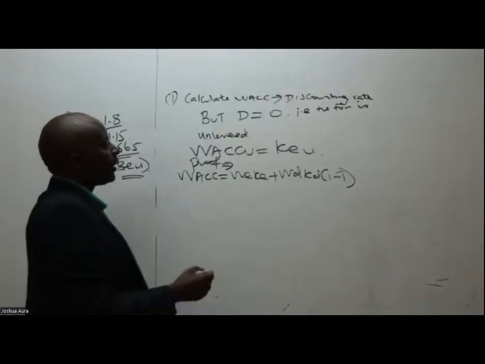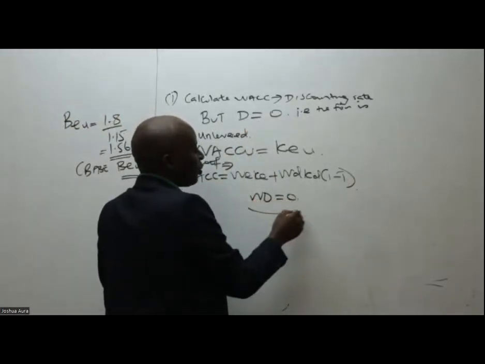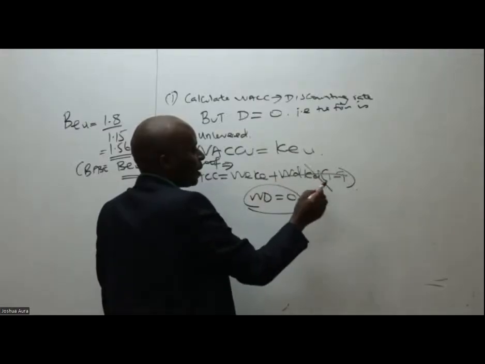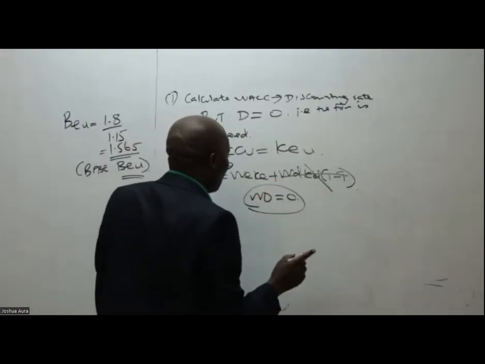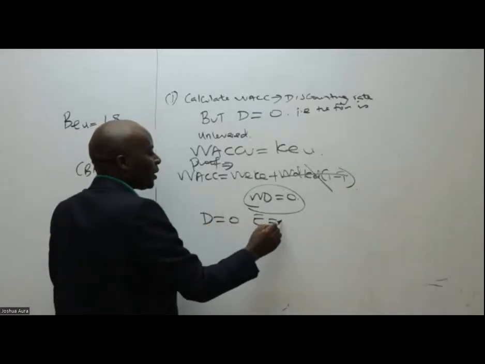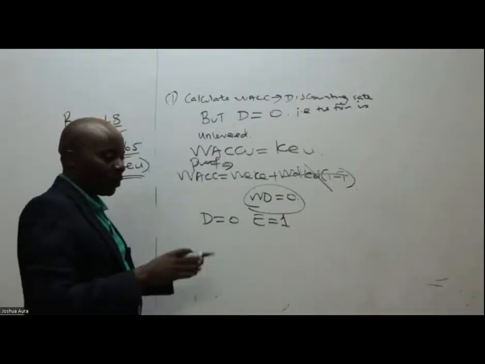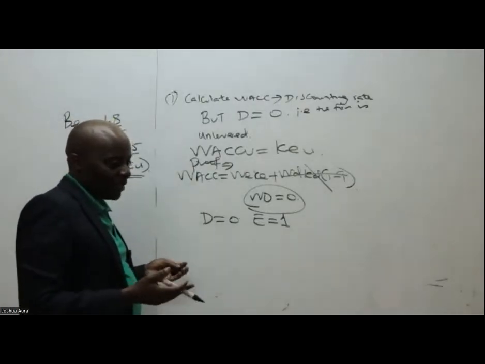Remember that if debt is 0, then automatically weight of debt will be 0. And if weight of debt is 0, this kills everything there. And then the other thing you're supposed to know is that if debt is 0, then weight of equity automatically will be 1, because the two must always add up to 100%.